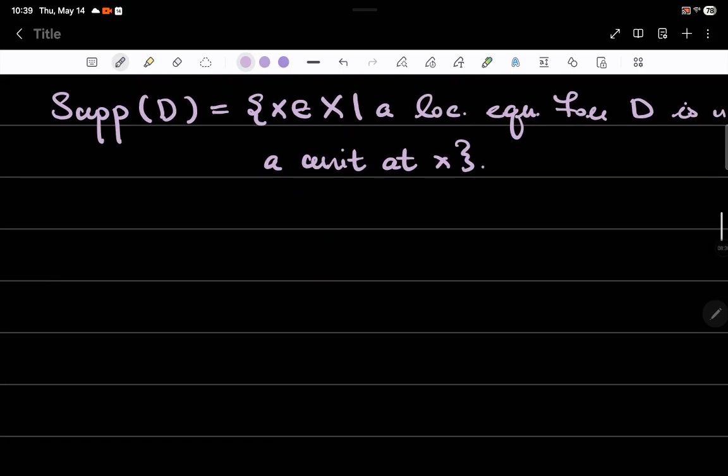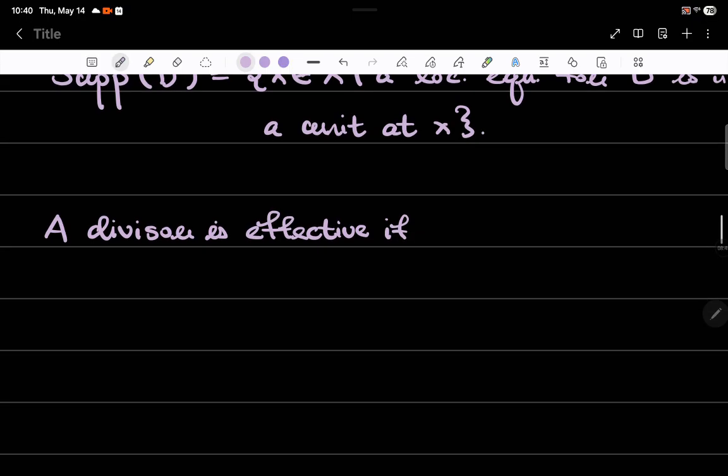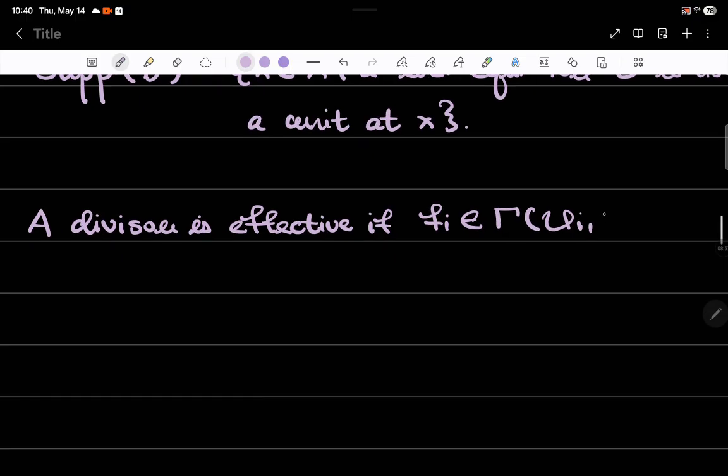Okay. Another notion is that a divisor is effective if it can be represented by regular local equations rather than just rational local equations.